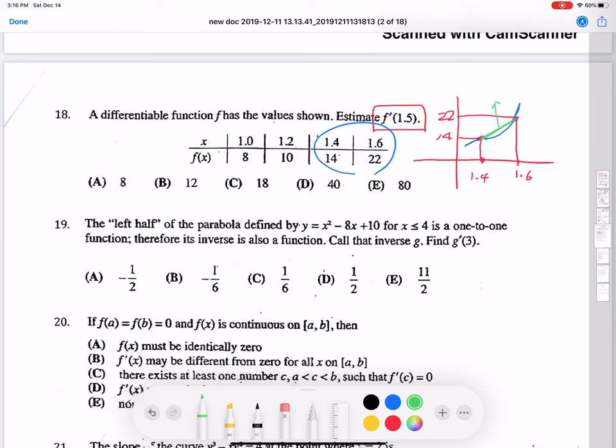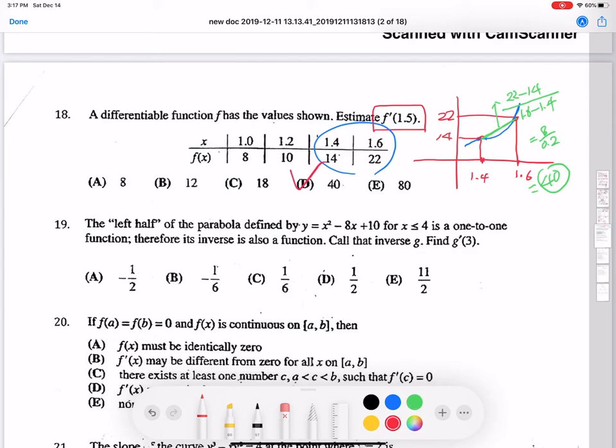So y2 minus y1, 22 minus 14, over x2 minus x1, 1.6 minus 1.4. That is 8 over 0.2, so it is equal to 40. So the approximate value of f prime of 1.5 is 40. So D is the answer.